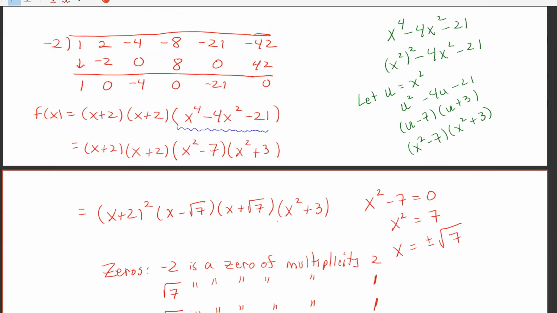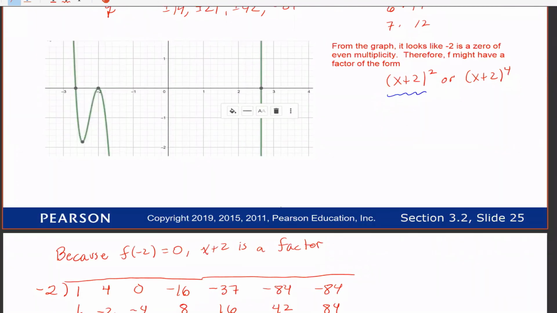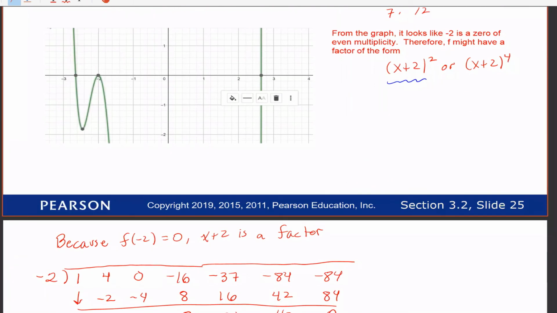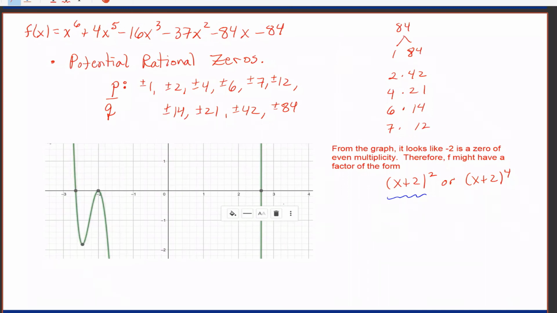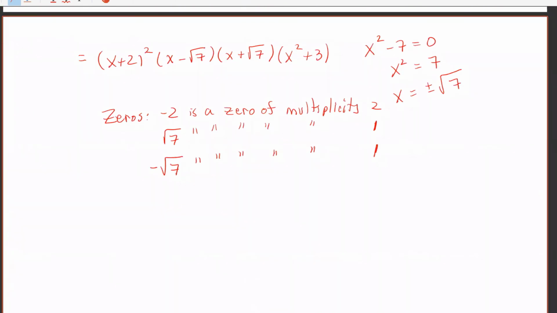And I think that's everything that we surmised. 2 is in my list of potential rational zeros. Square root of 7 is an irrational number, so it's not going to appear in my list. So that is as complicated as these problems can get. So if we're able to follow that one, I think we'd be good to go.